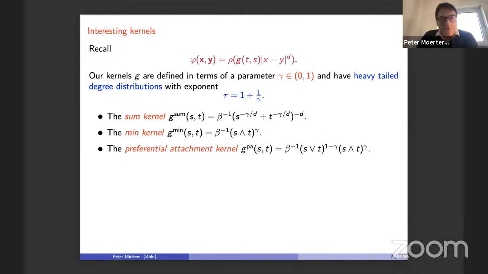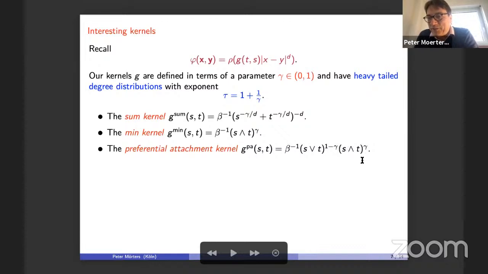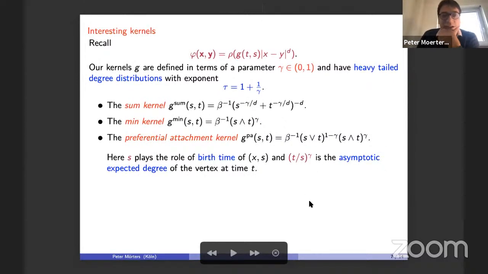What is very much different is the preferential attachment kernel, which has this odd form, namely that the maximum of S and T is raised to the power 1 minus gamma, and the minimum is raised to the power gamma. This also leads to the same heavy tail degree distribution with the same exponent here, and the interpretation here is that the marks S and T play the role of the birth times of the vertices.